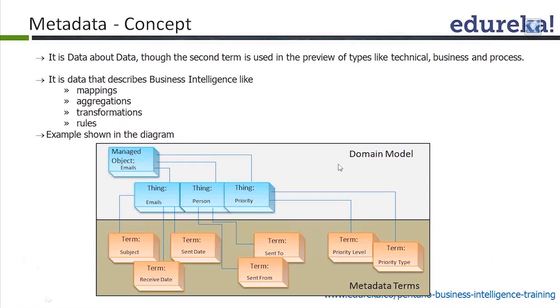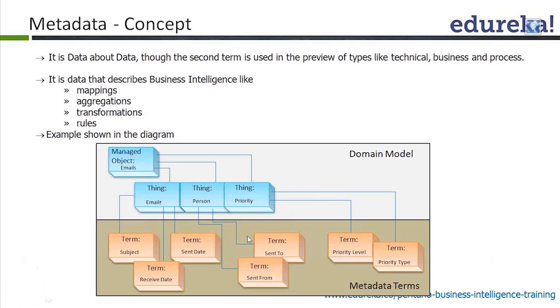This is one very basic example illustrated here. Email is a physical entity. On top you can see email, the managed object. Email typically has three physical elements associated with it: first is email itself, then second is person, and third is priority.